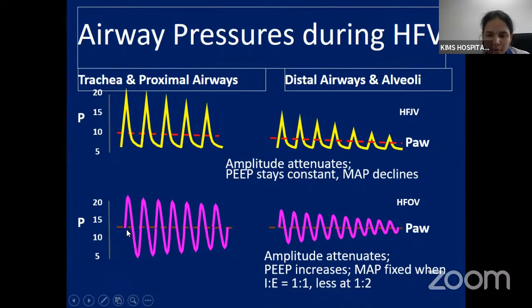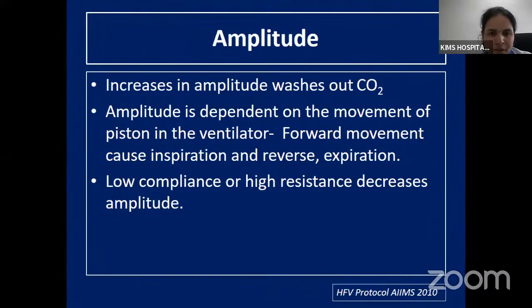As you move from the proximal airway to the distal airway, the peak tends to increase and the MAP remains fixed, but you can see how the amplitude tends to progressively attenuate in high frequency oscillation ventilation. So the amplitude tends to get dampened in the distal airway, whereas peak may slightly increase. MAP almost remains the same with regards to high frequency oscillation ventilation, but with high frequency jet ventilation, the MAP tends to decline in the distal airway or alveoli.